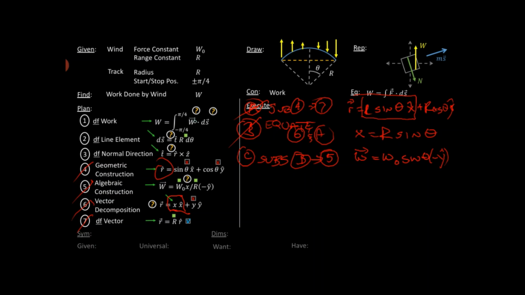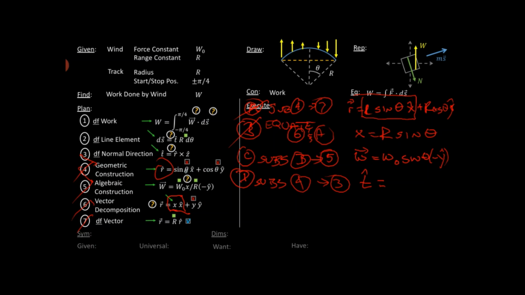So let's substitute 4 into 3. Like I said, we can use the same thing twice. We're going to substitute 4 into 3, and that will give us this tangential direction that we can use in number 2. That's just t hat is equal to the cross product of r hat cross z hat, or the normal direction times the z direction, the normal direction to the track. So let's see what we have. That would mean we have sine theta x cross z plus cosine theta y cross z.